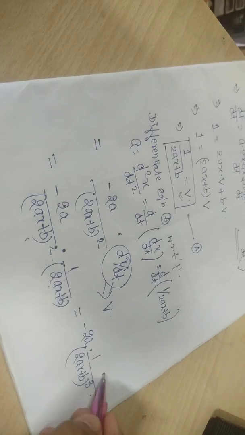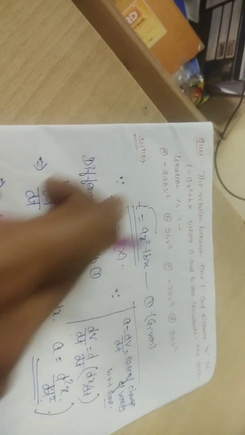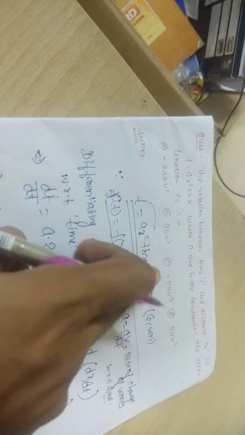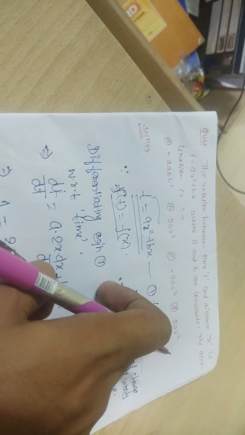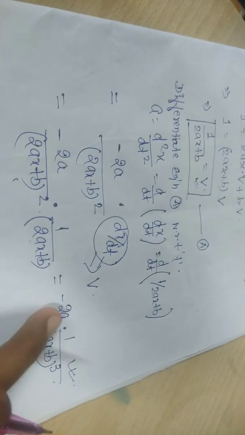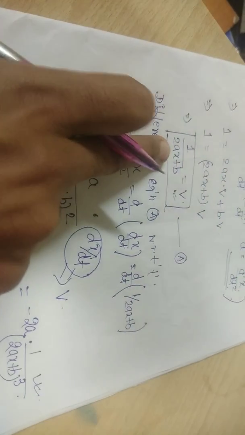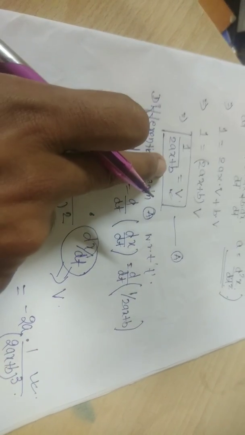Now can you relate this answer with the options? 2ab v squared, 2b v cube, minus 2a v cube, and 2a v squared. Here we have got 2a, but what is the rest? Just see, v is 1 by 2ax plus b, as we got.